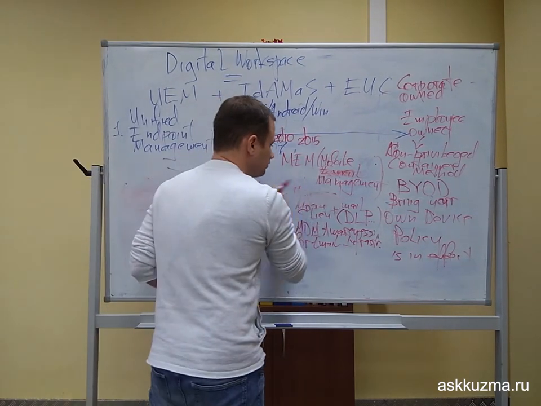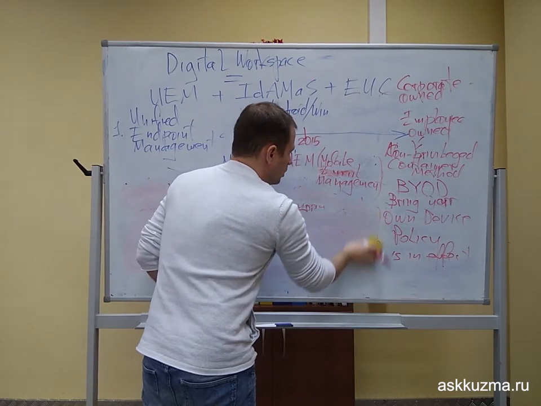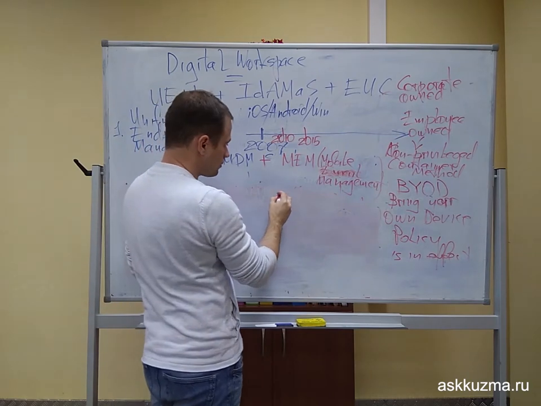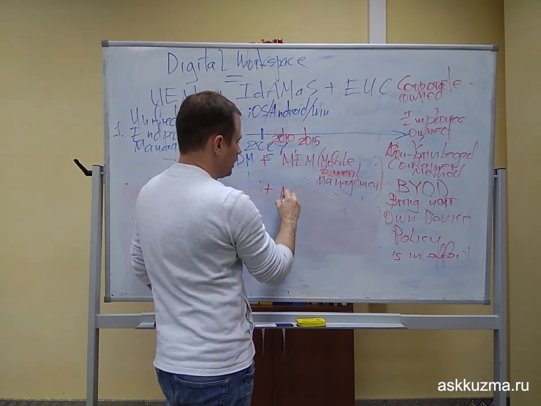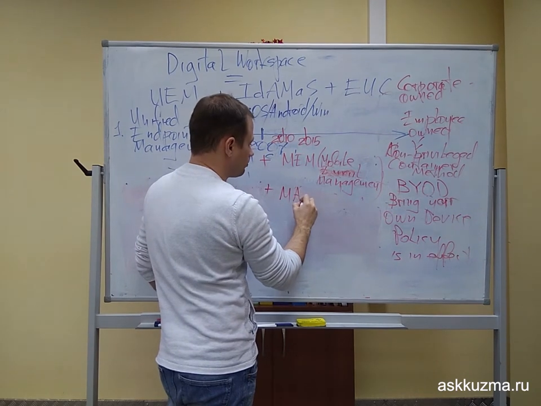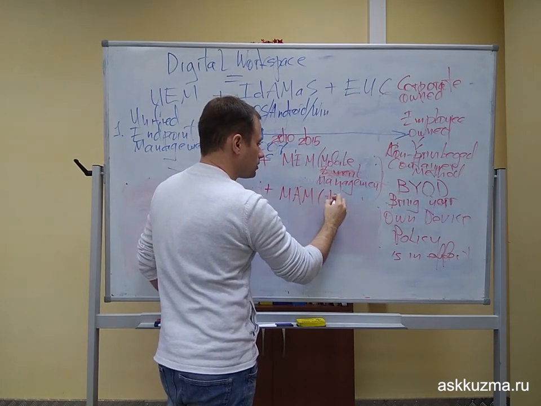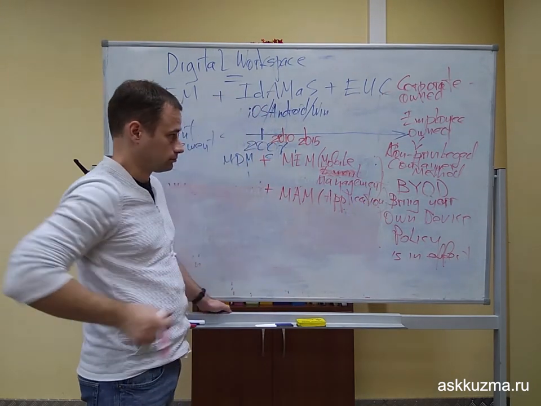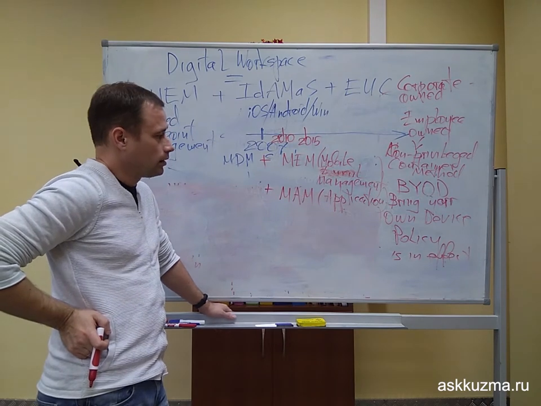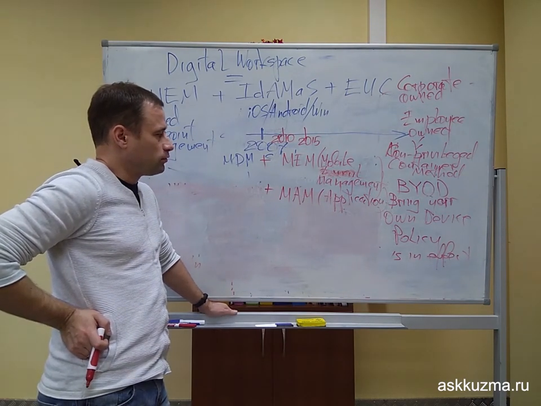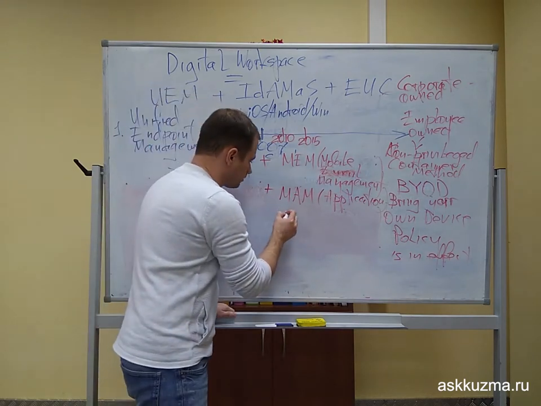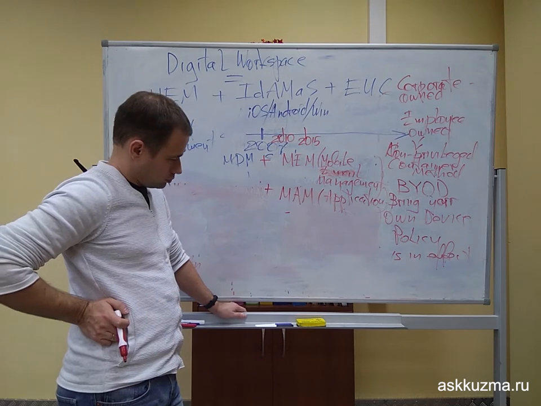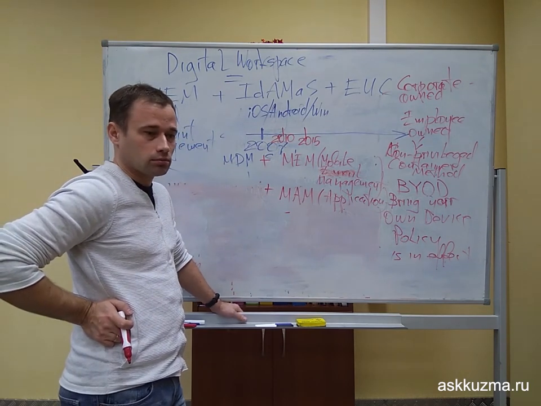But that's not all. In addition to mobile email management functionality, we need something called MAM, Mobile Application Management. The idea of mobile application management is related to a corporate mobile application catalog.